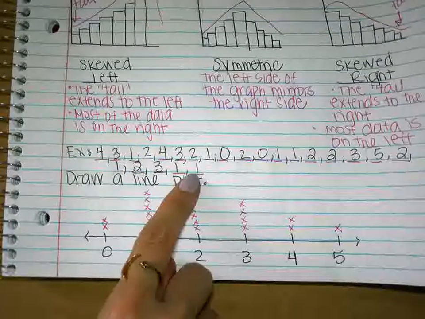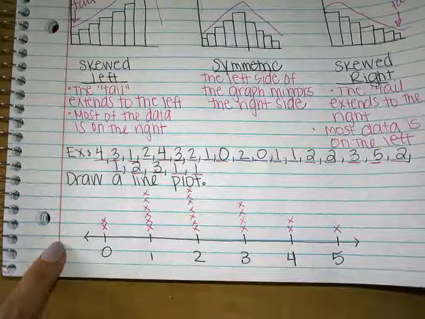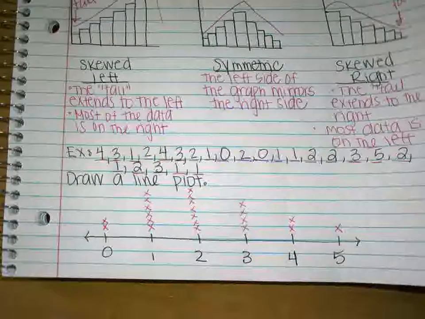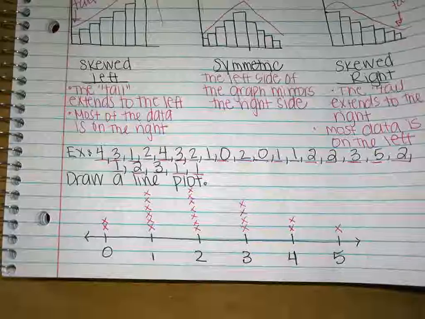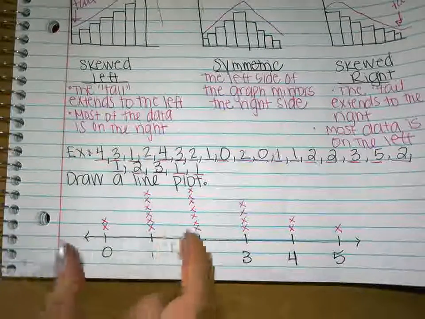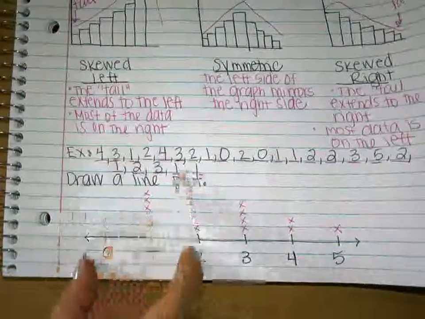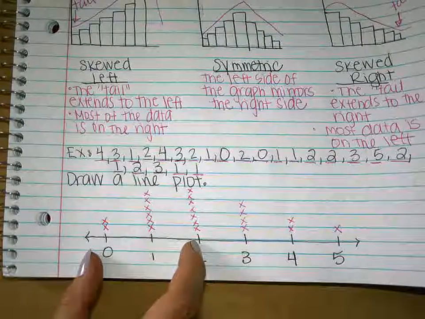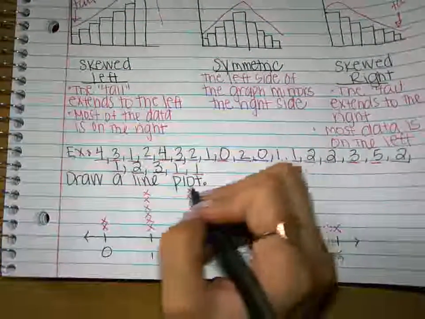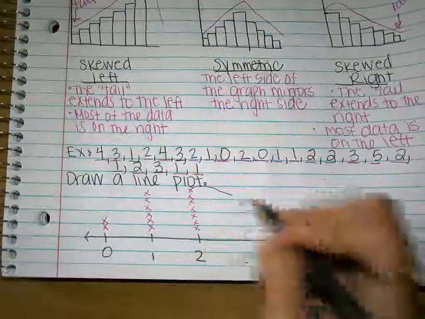The question is, does my tail end on the left side or on the right side? Where is the majority of my tail? It's the opposite of where the majority of your data is. So if we look at this, the majority of my data is on the left-hand side, which means my tail is on the opposite side, on the right.